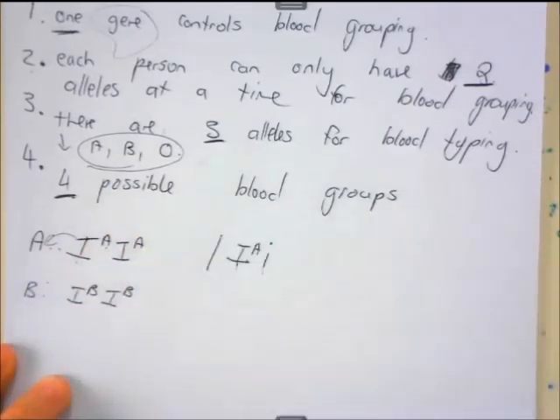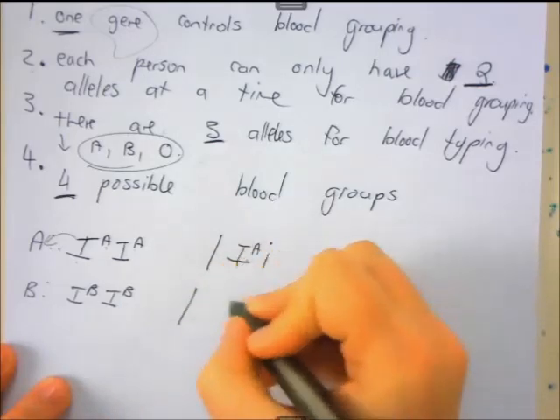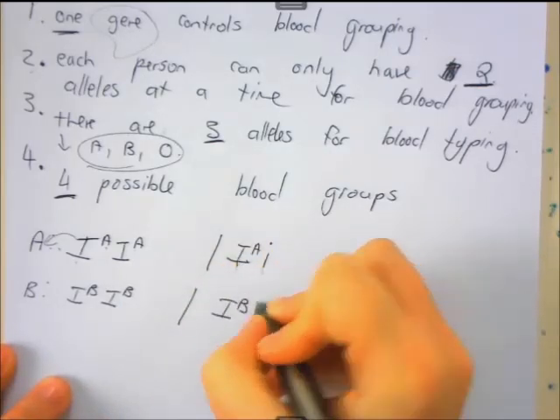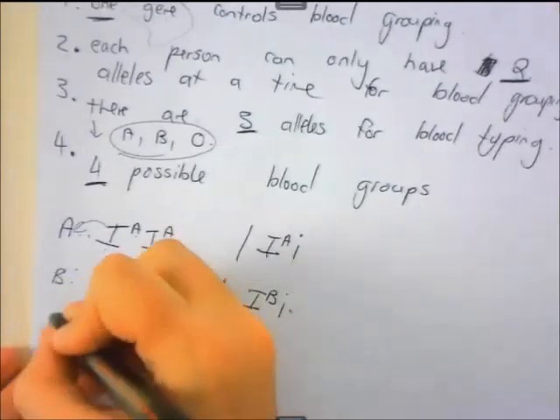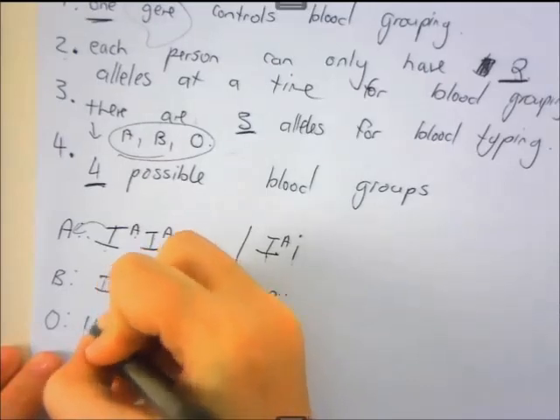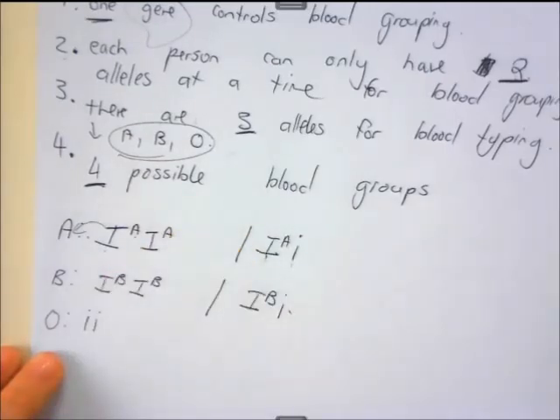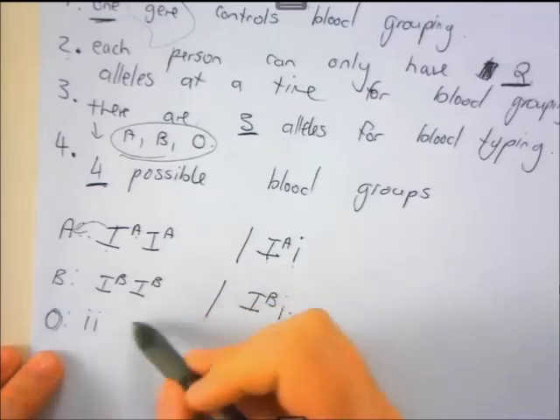Then if we look at blood group B, it's going to work in the same way. You can have a homozygous dominant condition where you have 2 of the same alleles coding for the blood type, or you can have 1 dominant and 1 recessive gene coding for it. Then if we have a look at blood group O, there is only one way to get blood group O, and that is to have both of those genes, okay, coded for.